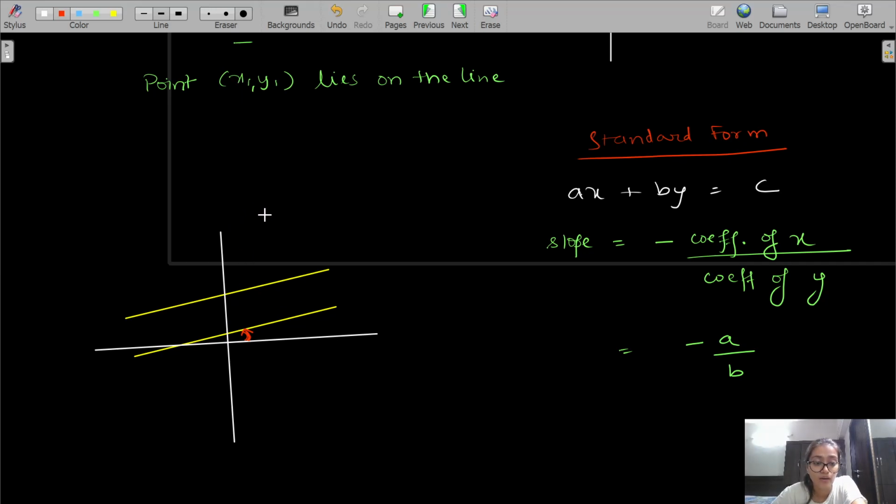So always remember that two parallel lines have the same slope. If this line has slope m1, then this line will also have the slope m1. Okay, so two parallel lines have the same slope.